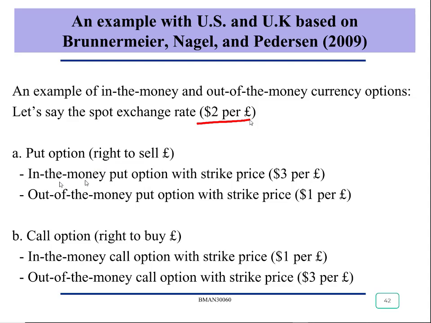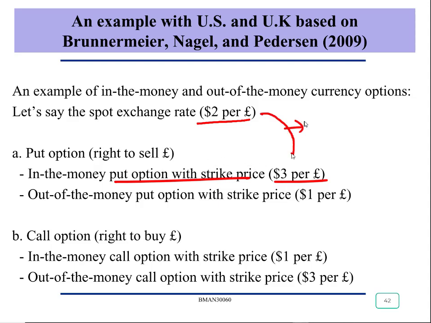So let's think about a put option with the strike price $3 per pound. If you buy these put options, it means you can right away sell pounds and get $3. If you do that, given this exchange rate, you can make $1 per each 1 pound.